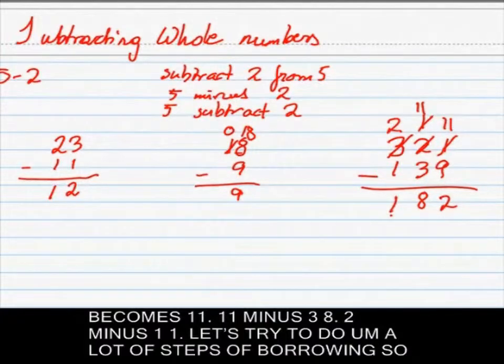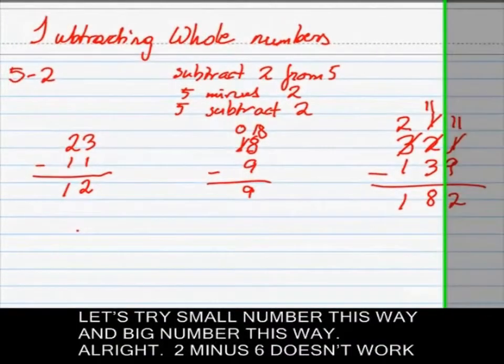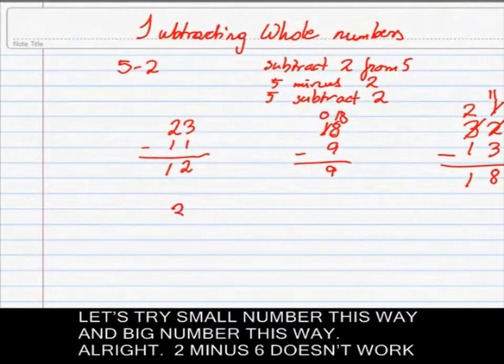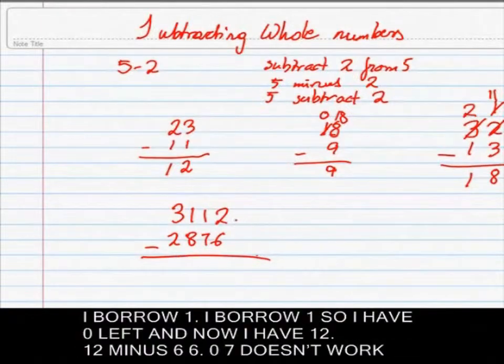Let's try to do a lot of steps of borrowing. So let's try small numbers this way and big numbers this way. All right. 2 minus 6 doesn't work. I borrow 1, so I have 0 left, and now I have 12. 12 minus 6, 6. 0 minus 7 doesn't work.